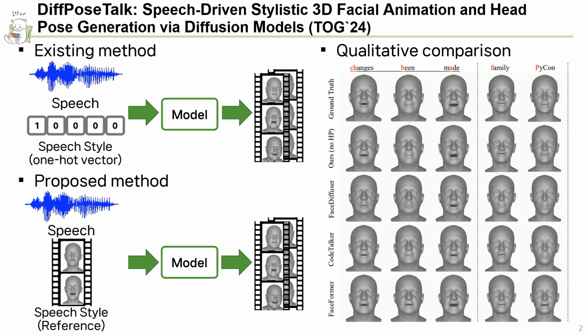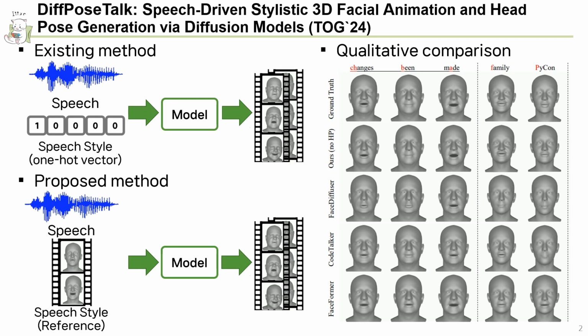This paper introduces DiffPoseTalk, a diffusion-based model that generates diverse and stylistic 3D facial animations along with natural head movements. The key innovations are, first, a style encoder that extracts a style embedding from a short reference video instead of using a one-hot vector, allowing for more personalized animations.